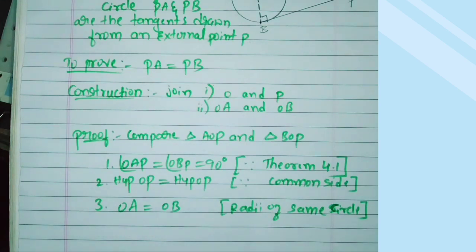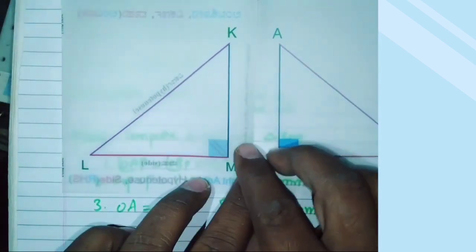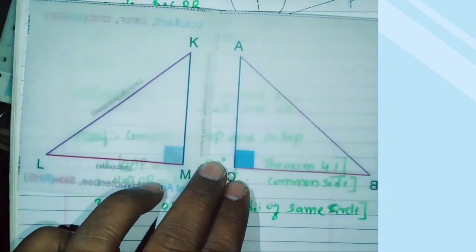Now I will explain once again what is meant by the RHS congruency rule. To explain that, you have to consider two right triangles.